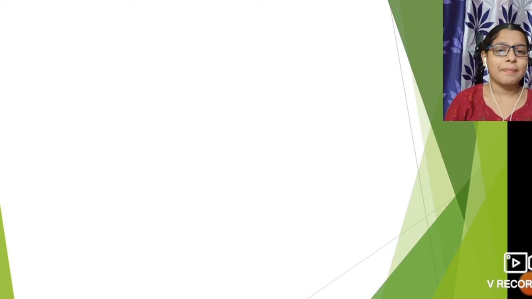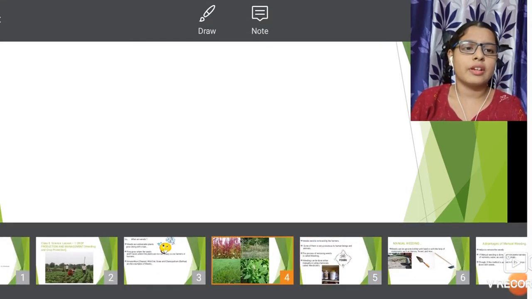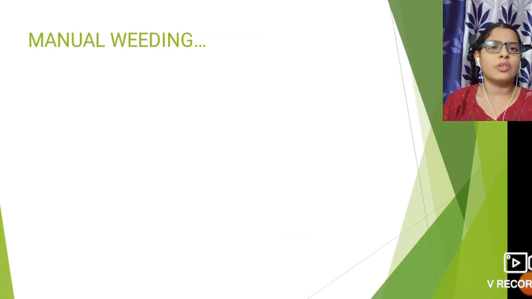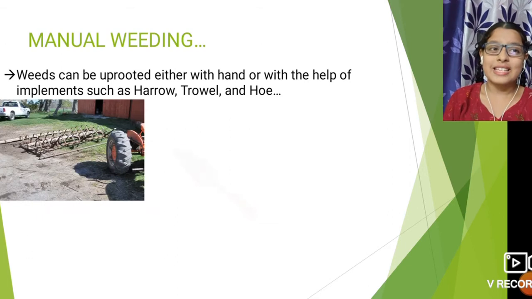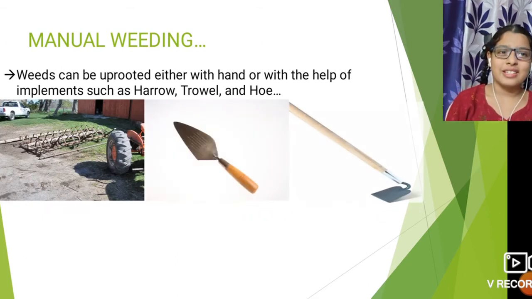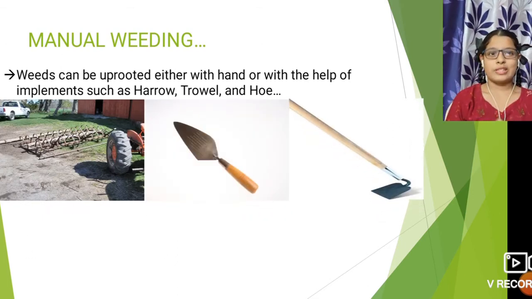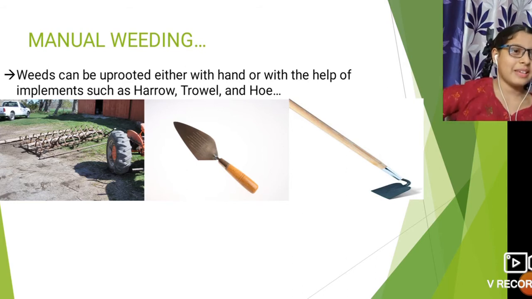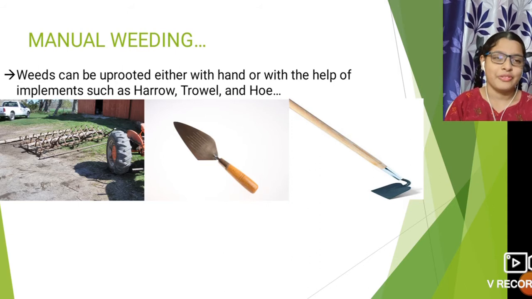These three are the implements used in the agriculture field. I think you have understood how these three implements look. Farmers use these implements in the farm to cut down weeds. These implements are very helpful to the farmers.